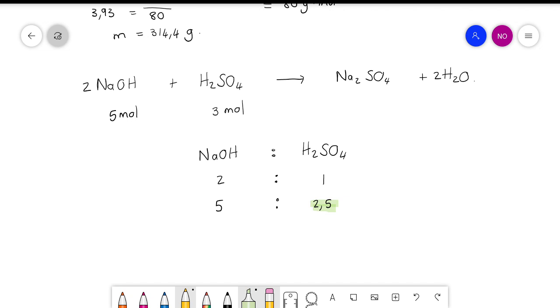Nou het ons gesien, hoeveel het ons beskikbaar? Do you guys agree that I have more available than what is there? So in other words, NaOH will be limiting because my H2SO4 is in excess.